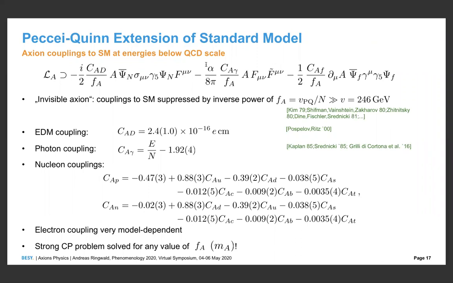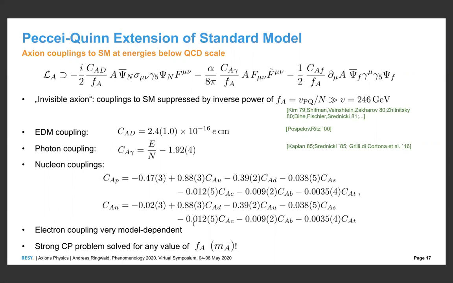The coefficients of these couplings are either fixed, for the electric dipole moment coupling, just by QCD itself, and then the couplings to photons and to fermions and to nucleons are partly fixed by the mixing of the axion with the pion, but there are also model dependent factors which are different in different models. So the coupling to the electron will be very model dependent.